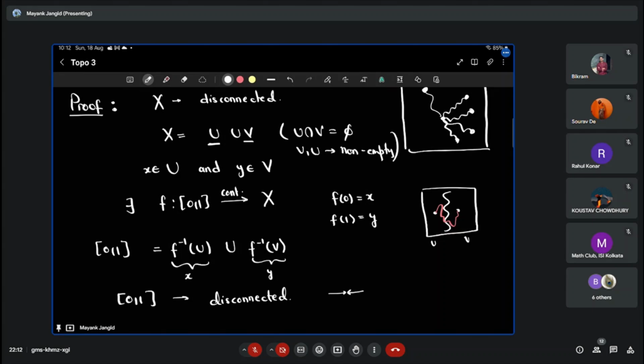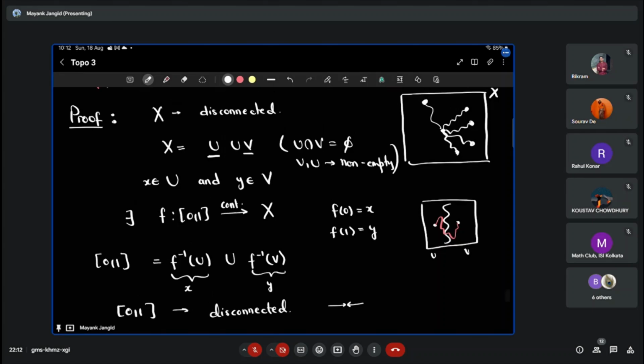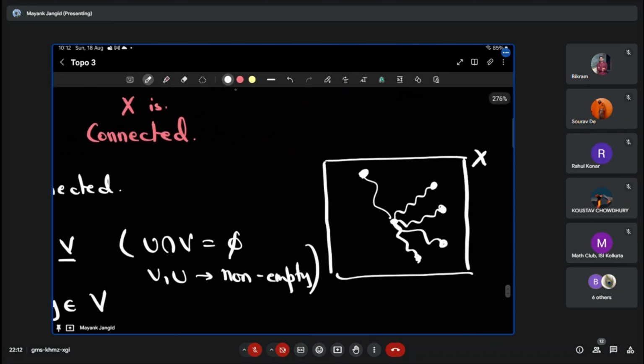So what I was saying over here with this picture is that if you have some point x over here, then for any other point you can find a path, and a path is a continuous image of 0, 1.